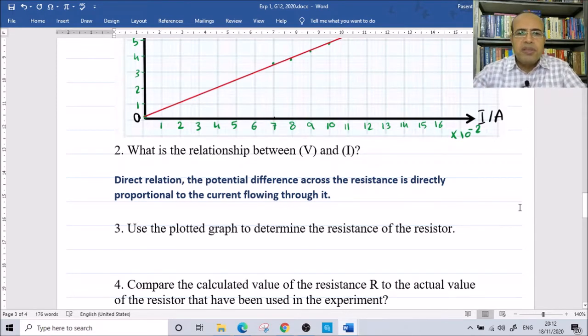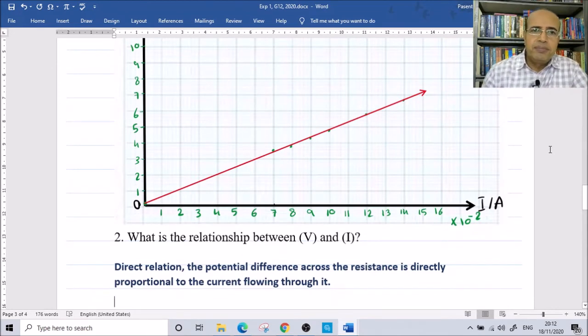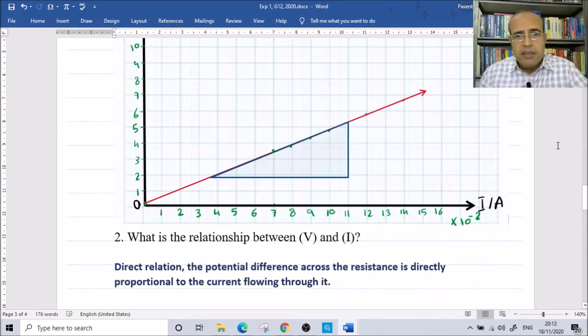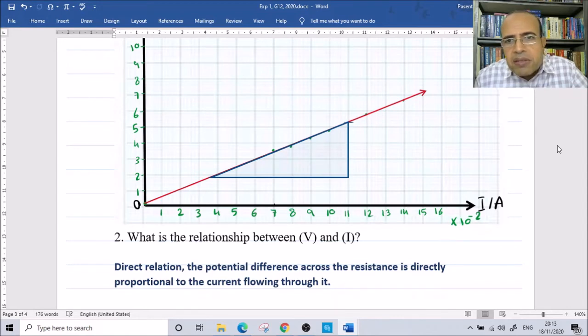Use the plotted graph to determine the resistance. The resistance equals the slope. So we find the slope of this line using this triangle. The slope equals y2 minus y1 over x2 minus x1. So we need to get these values. The voltage values are 5.3 and 1.9.